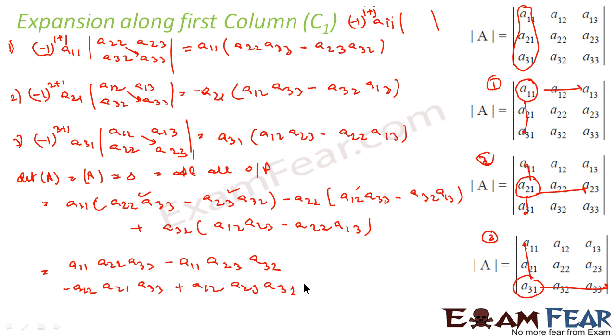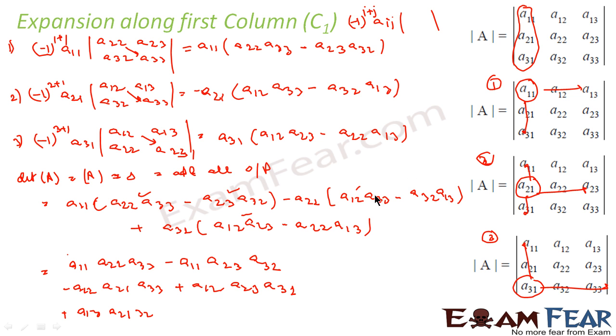Let's take the remaining one now, a13. I have got 2 a13. Let's take this first. This becomes a13, and minus becomes plus here: plus a13 a21 a32.